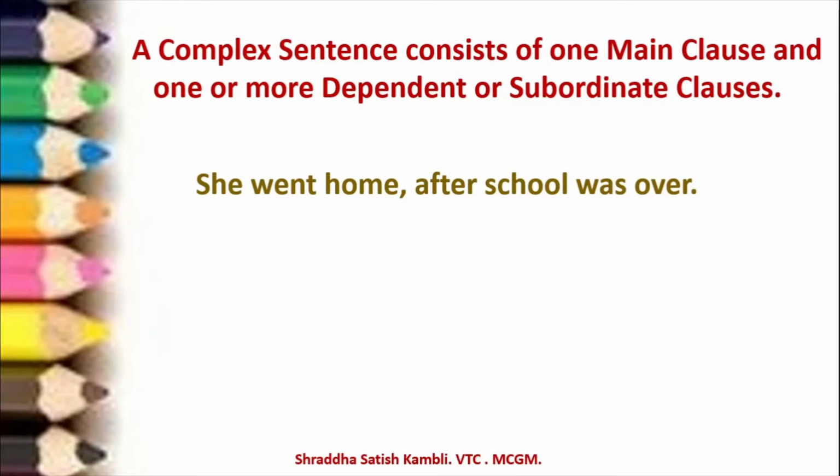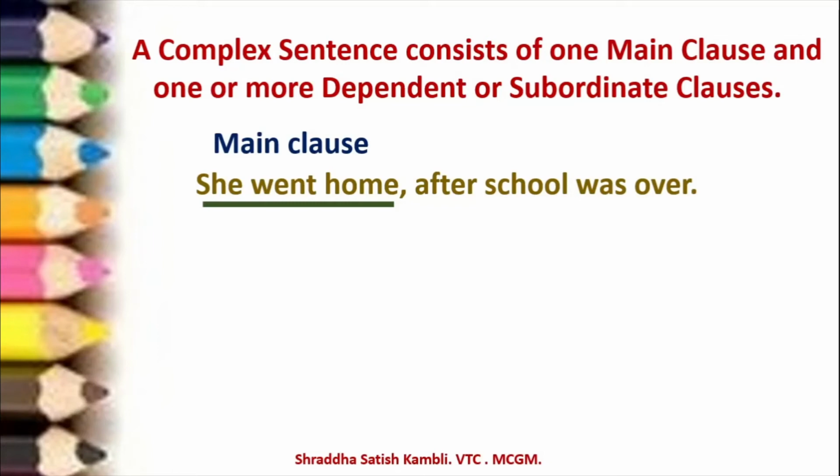Okay? So let us try to locate which is the main or the independent clause and which is the dependent clause. She went home is the main clause, because when I say she went home, it can stand on its own. We saw this example previously when we were talking about simple sentences.